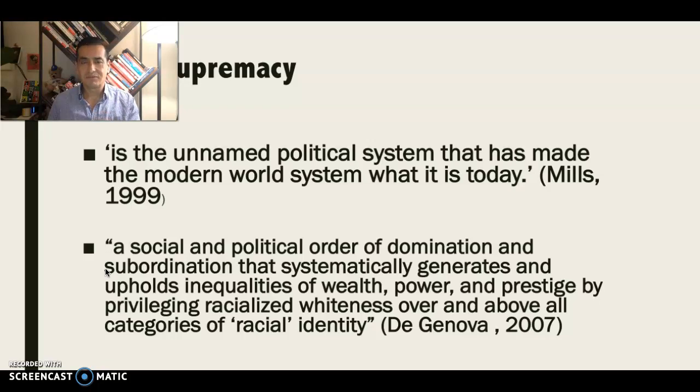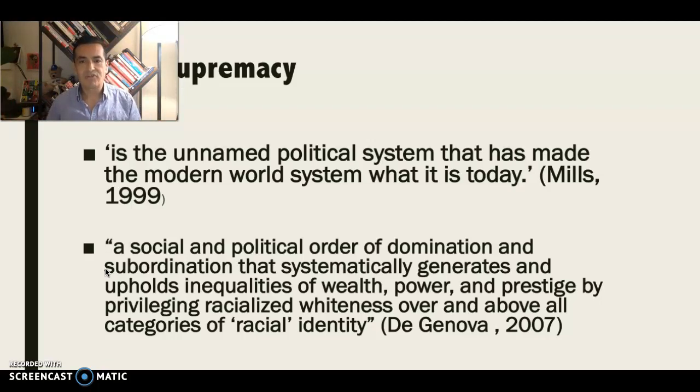This is systems. This is institutions. This is law. This is the social, political, and economic structure, not only in the United States, but the world over. So when we're talking about a white supremacist capitalist system, that is it. That is the economic base that informs everything else, right?